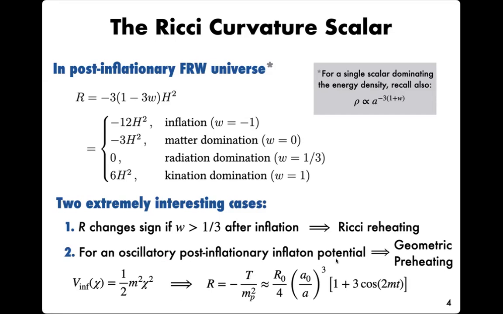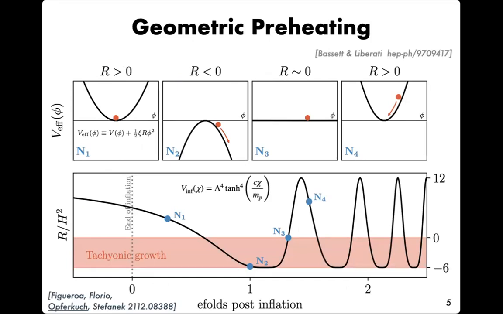In this case, I get an oscillatory Ricci scalar, and essentially a very similar idea is present to this Ricci reheating. As I oscillate around this minimum, I'm going to pick up both positive and negative values of the Ricci scalar, allowing it to change signs. And to better illustrate this is a small sketch.